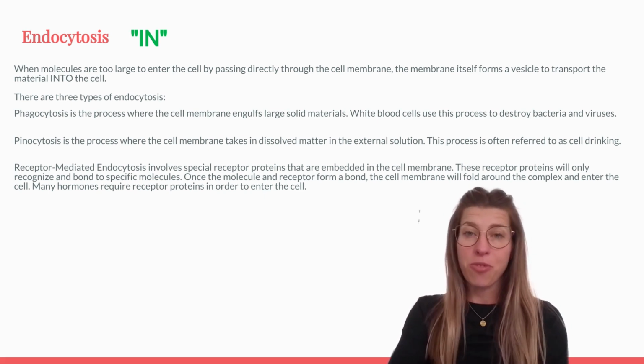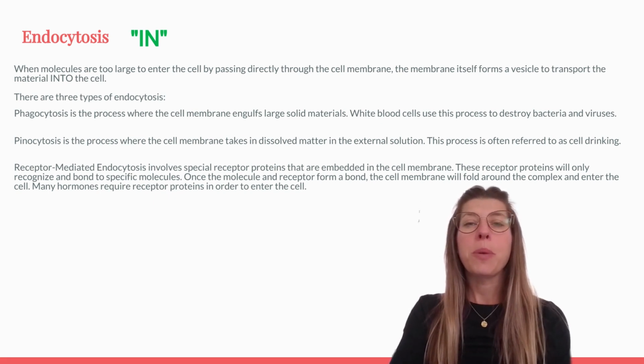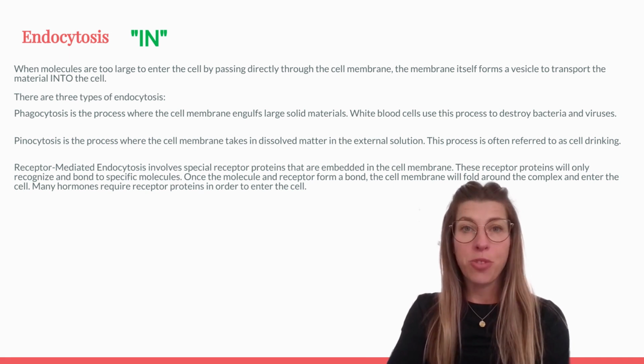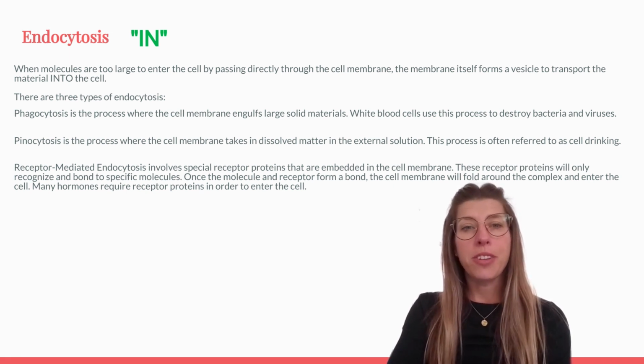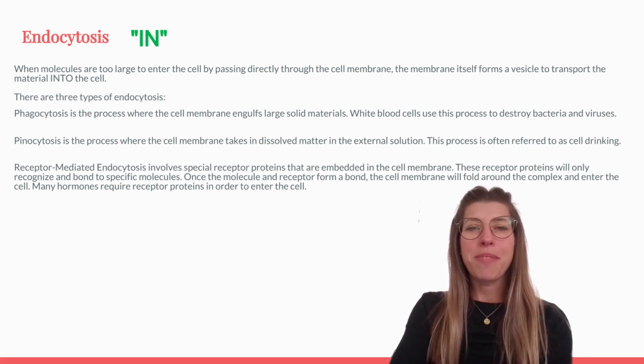These receptor proteins will only recognize and bond to specific molecules. Once the molecule and the receptor form a bond, the cell membrane will then fold around the complex. It's kind of like a key to a lock. And then it can enter the cell. Many hormones require receptor proteins in order to enter the cell.